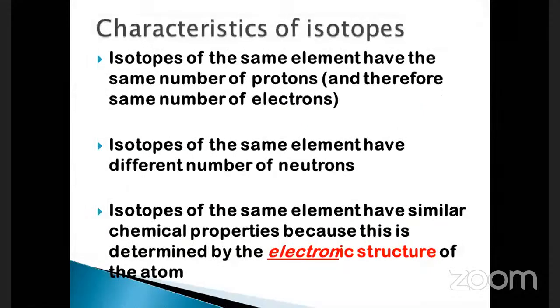Now, like we said, the isotopes of the same element differ in the number of neutrons. But because the number of electrons are similar, and in any chemical reaction, the nucleus is always intact.